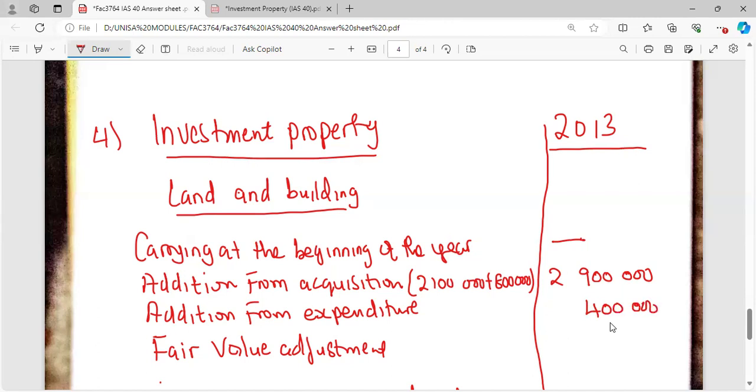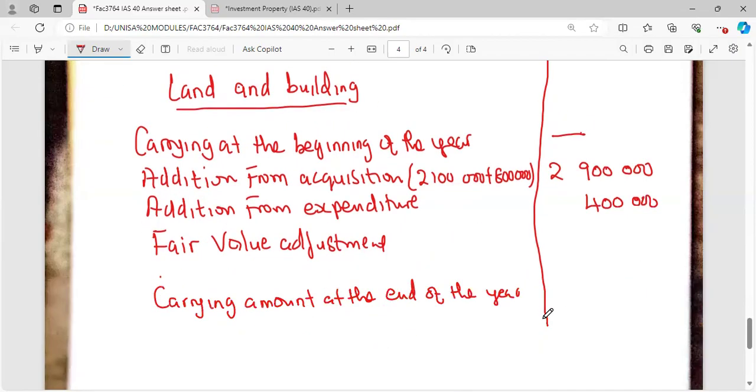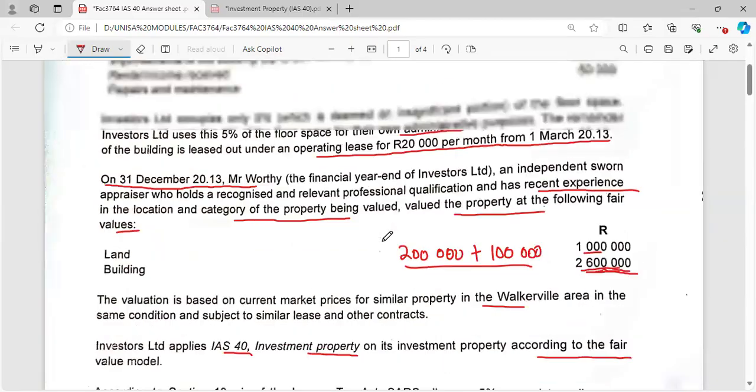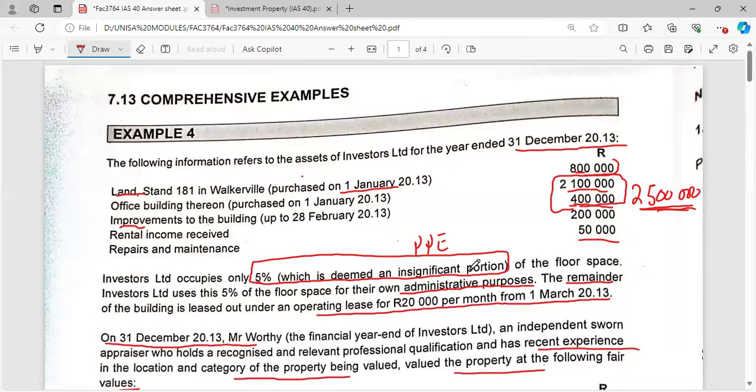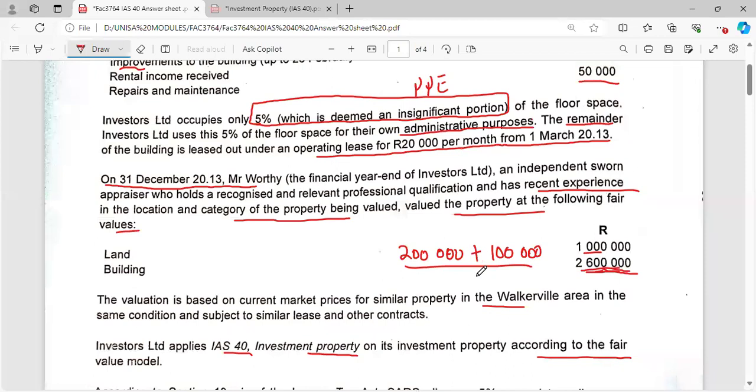Right. Then when you are here now, once you arrive at the fair value adjustment, I will prefer you to go to the carrying amount at the end of the year. So you just go and look at the carrying amount at the end of the year. Then the carrying amount at the end of the year and the cost will give you the fair value adjustment.